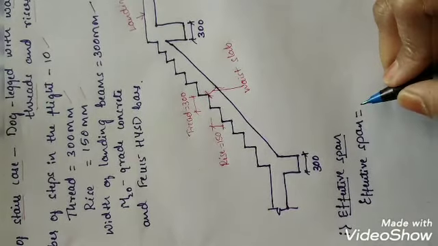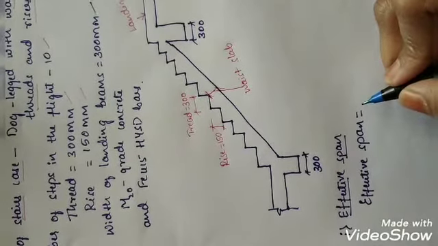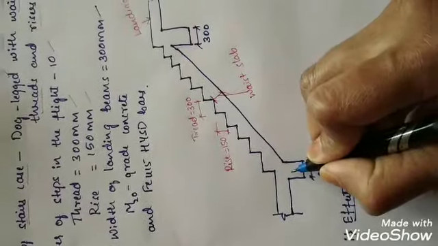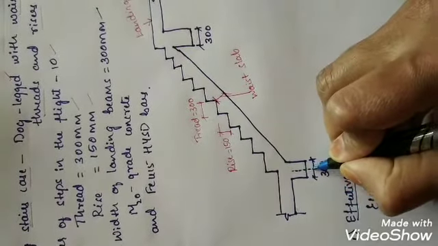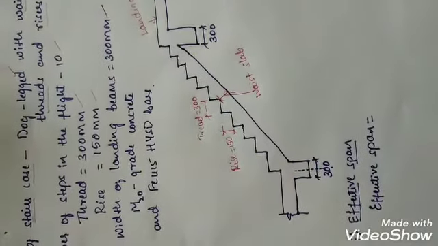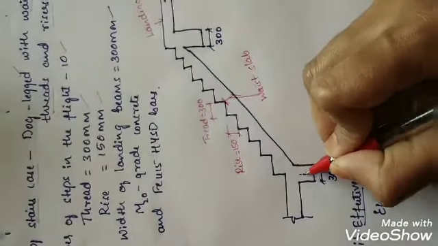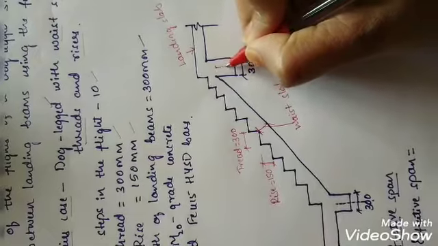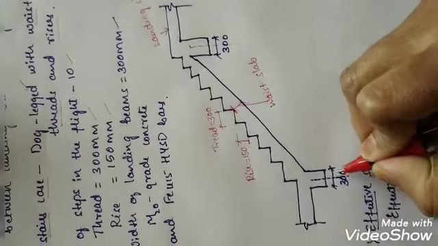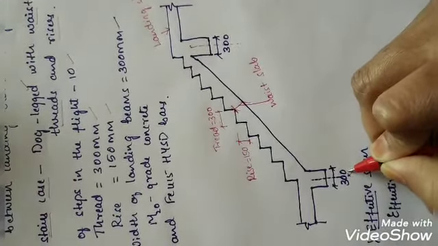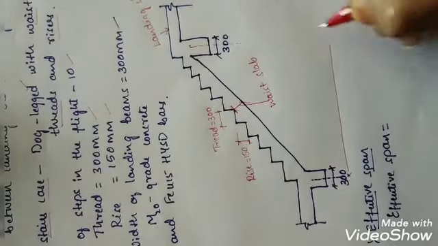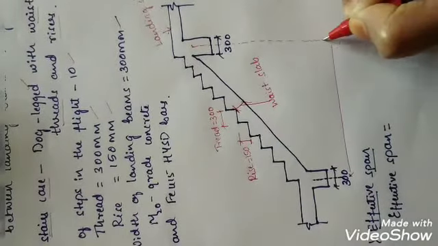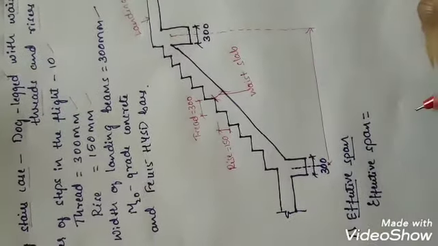I will mark it in the diagram. We know that it is measured from the center of the support, which is a beam. So this one I will take as the center of support and this is also a center of support. I will consider these two distances, from here to the center of the other support, and we call it the effective span.